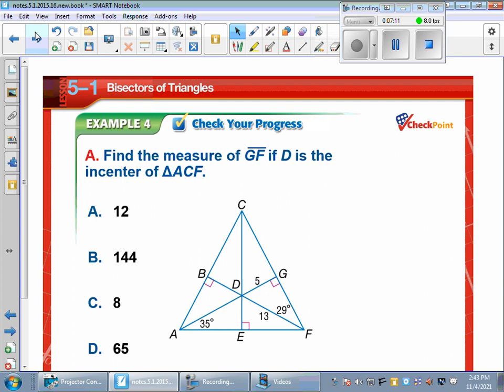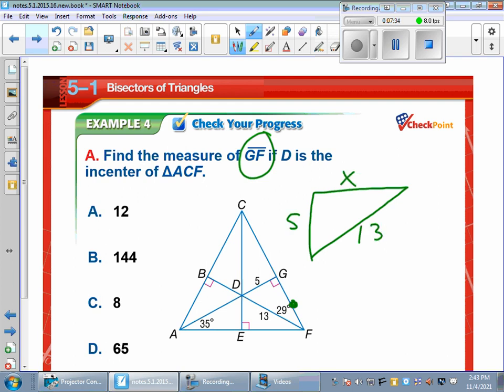Same concept here. They want you to find the measure of GF. GF is right here. So what you have here is we are going to use the Pythagorean theorem. So I'm going to re-sketch my triangle here. This is 5. This is 13.